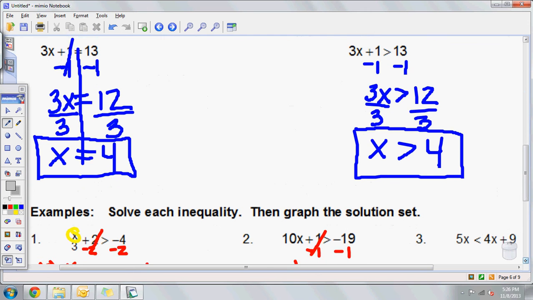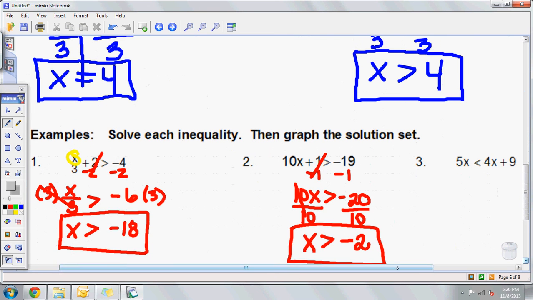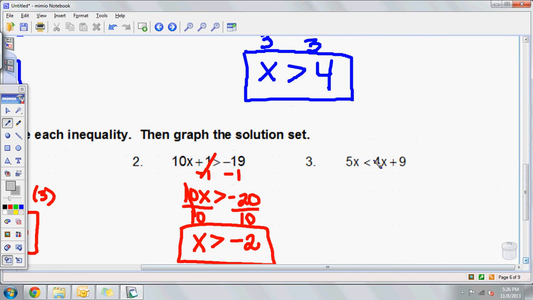This last one is a little weird because hopefully you see that you have two variables. So this is a problem where you have variables on both sides. Before you start trying to get a variable by itself, we need to get them on one side. So remember, left is best. So we want to get this 4x on one side with this 5x.